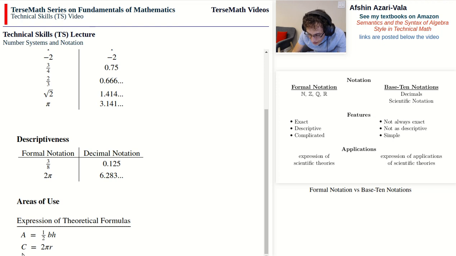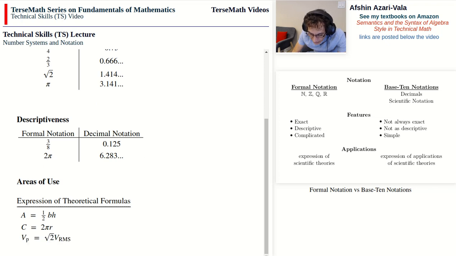The circumference of a circle is 2 times pi times r. Again, you notice the use of the formal notation. We've got peak voltage is equal to the square root of 2 times the root mean square voltage. And again, you notice the use of the formal notation.